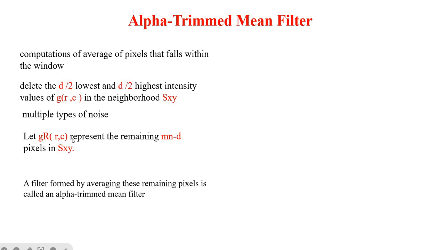Here we are representing the remaining mn minus d pixels, and a filter is formed by averaging them, leaving out the trimmed pixels. The value of d can range from 0 to mn minus 1, and it is calculated by using this formula here.